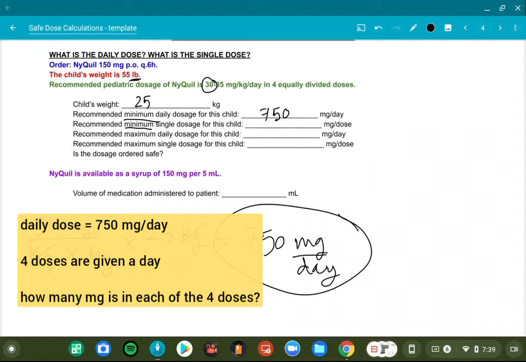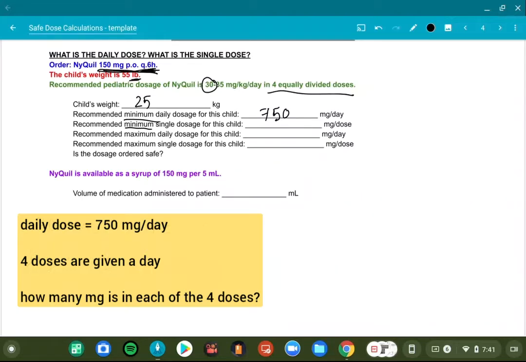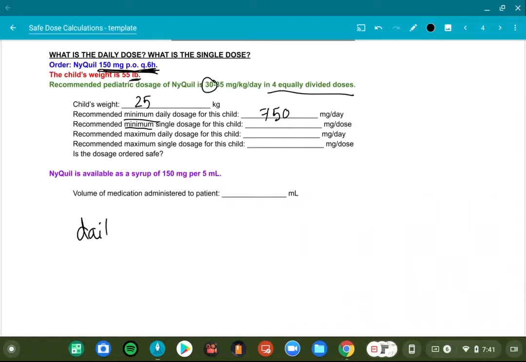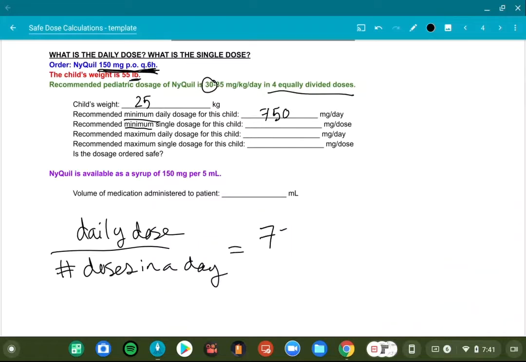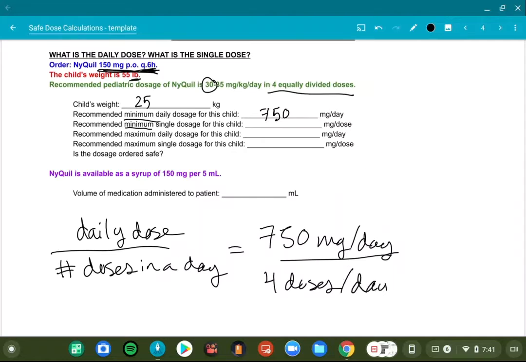Now, how many milligrams is in a dose? There are 4 doses in a day. I know that I need to take my daily dosage and divide it by the number of doses a day. 750 milligrams per day divided by 4 doses per day.